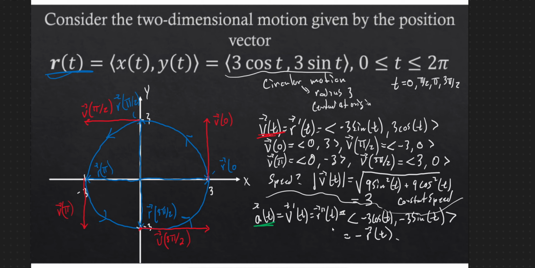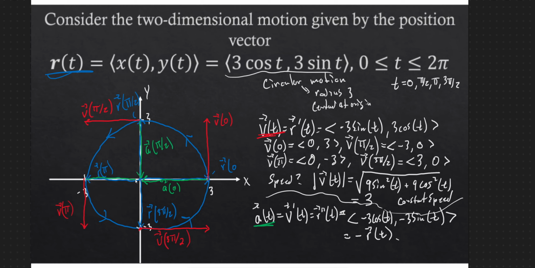So I'm going to go ahead and plot this at these points. So here is my r of 0. So negative r of 0, which is a of 0, will be just pointing in the opposite direction with the same magnitude. So there's a of 0. We'll have a of pi over 2.